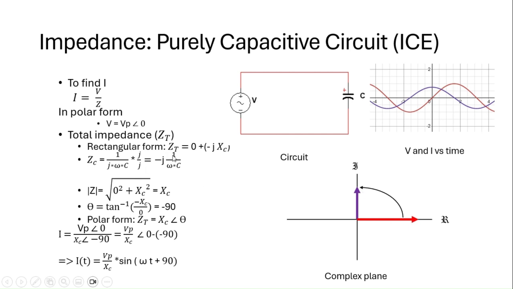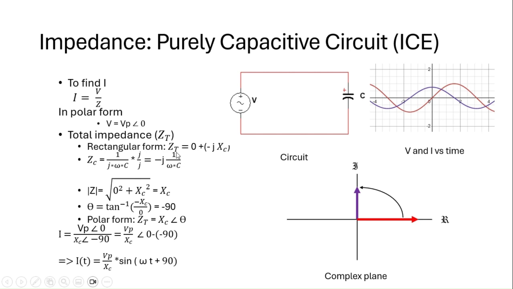Since this is our Z total, looking back into our circuit from the point of view of this voltage source, Z total is equal to 1 over j omega C. If I multiply both the numerator and denominator by j, I end up with negative j over omega C.